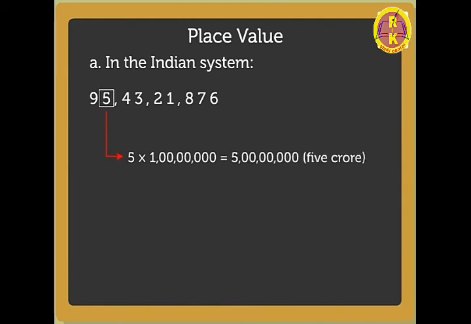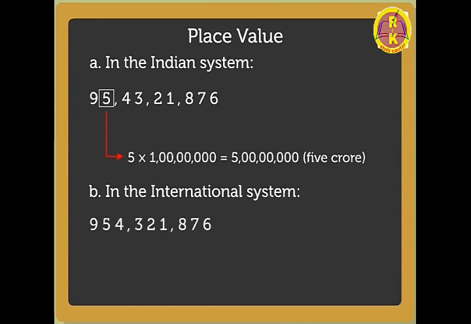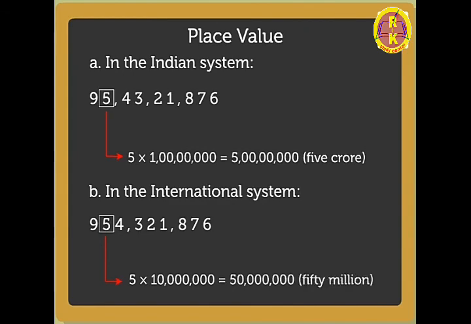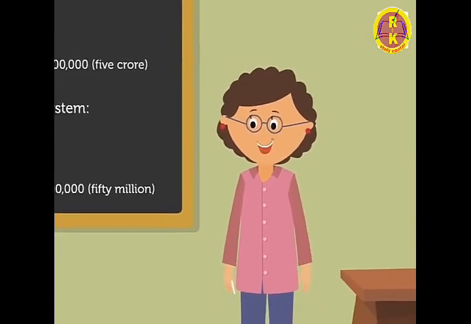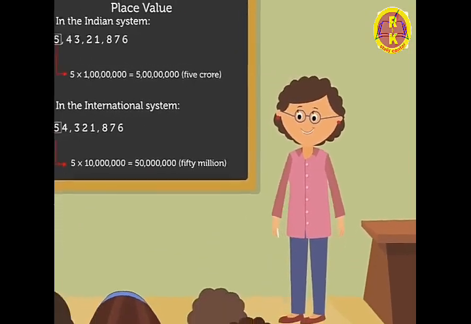And in the international system, the place value of 5 is 5 into 10 million is equal to 50 million. Wasn't it easy to find out the place values in both the systems?